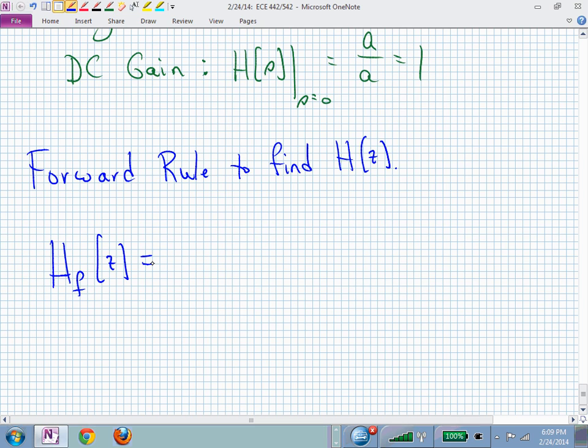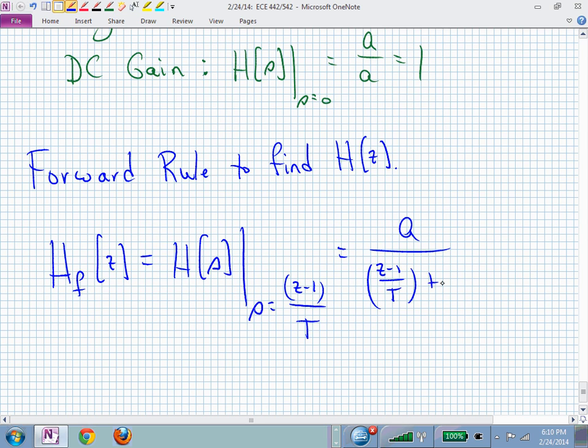That means we're going to find that by looking at h of s when s is replaced everywhere with what we said it was equal to, which is z minus 1 over T. Well, that's pretty easy to do for this transfer function. The s was in one place, and that one place was right there. So let me just put z minus 1 over T where s was.